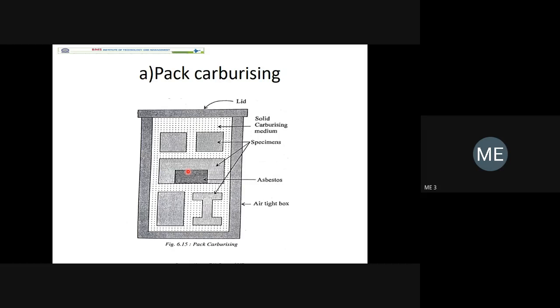Don't think that if you keep steel in open air, imagine the construction steels that are everywhere, carbon atoms will go and occupy the interstitial spaces of the BCC structure. That will not happen, because at lower temperature the diffusion process does not happen in metals.